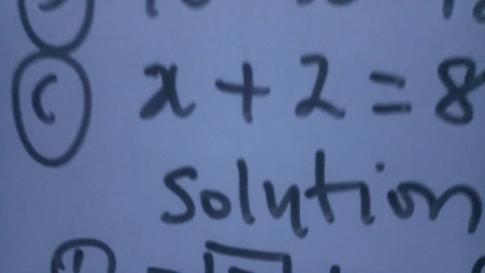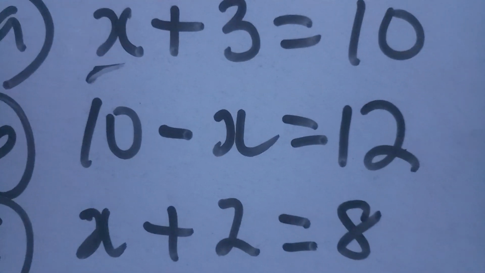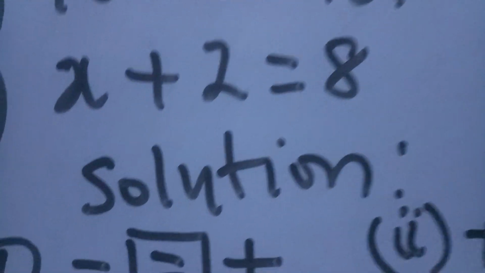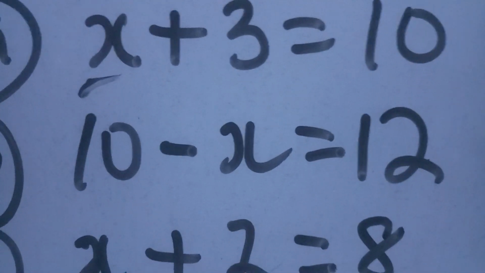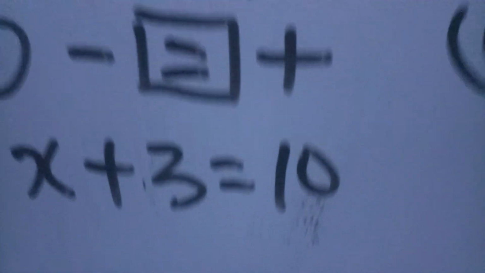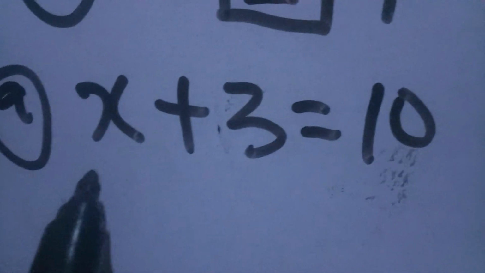So from the question that we have above, we have A: x plus 3 is equal to 10. We are looking for x.